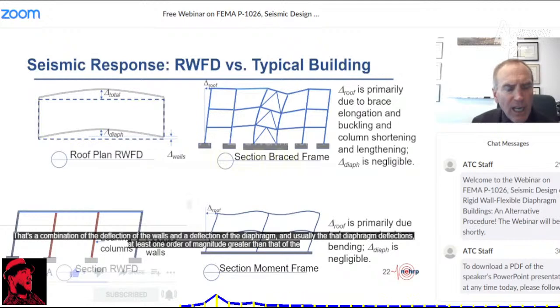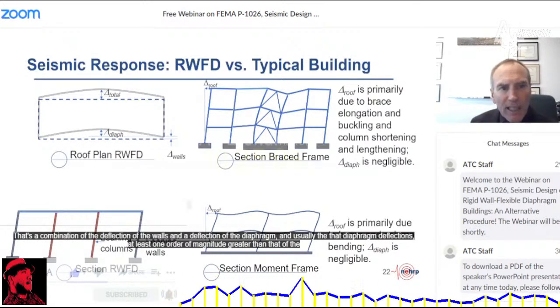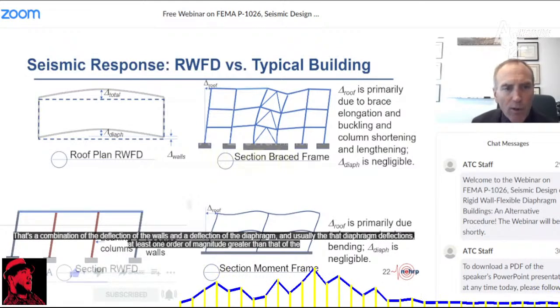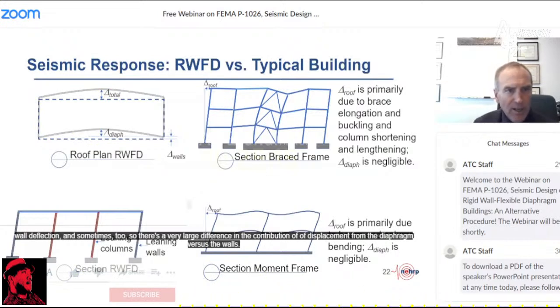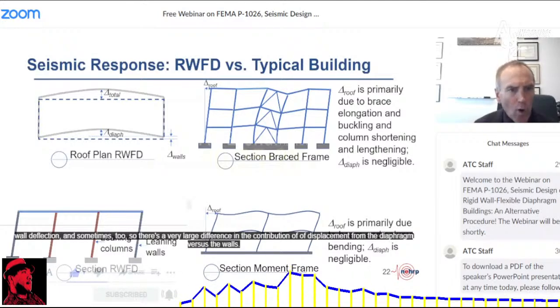And usually that diaphragm deflection's at least one order of magnitude greater than that of the wall deflection, and sometimes two. So there's a very large difference in the contribution of displacement from the diaphragm versus the walls.